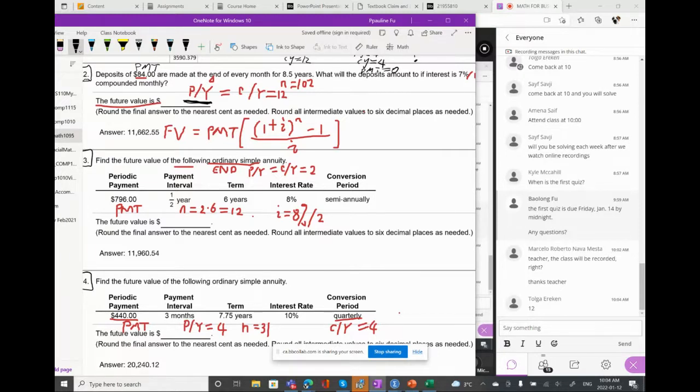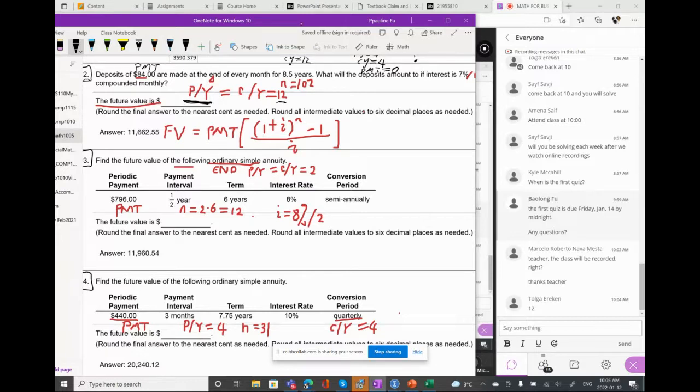In 1 year you make 12 deposits. This is the correct answer. PY represents, in 1 year, not 2 years, not 3 years, just in 1 year, how many payments or deposits you make. So PY equals 12. Any questions on what PY is?